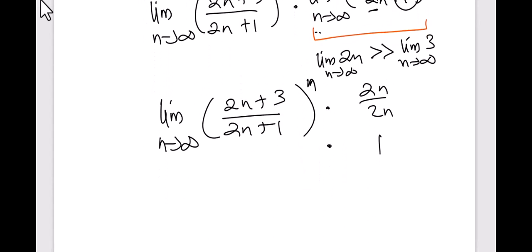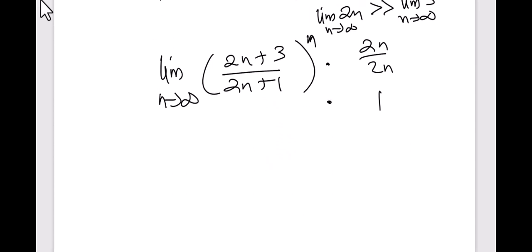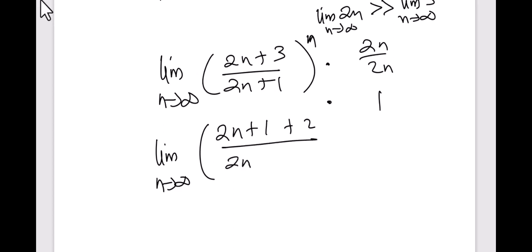Right now, as for this part, we can then do our limit transformation, but before we do that, we will first rewrite this. We now have the limit as n goes to infinity of ((2n + 1 + 2)/(2n + 1))^n times 1.